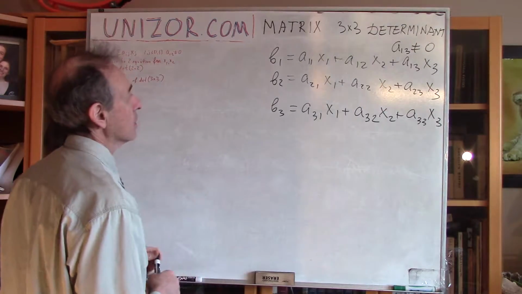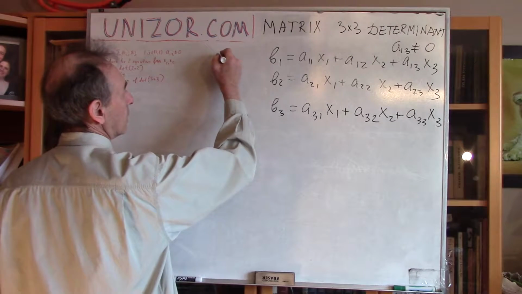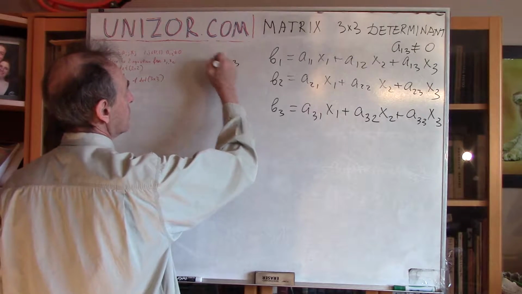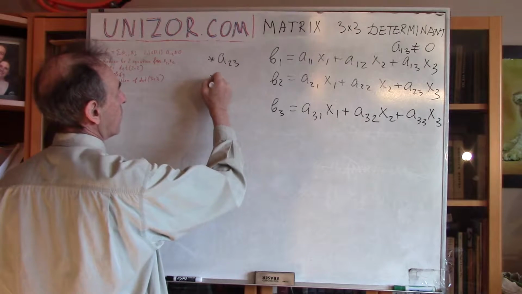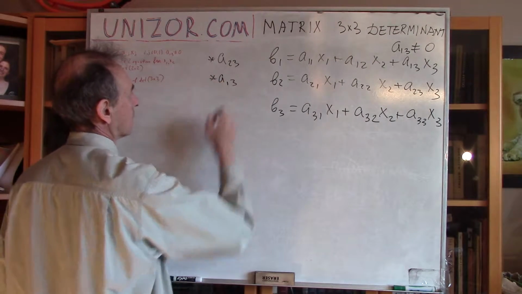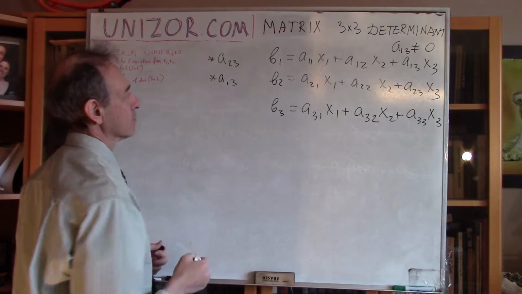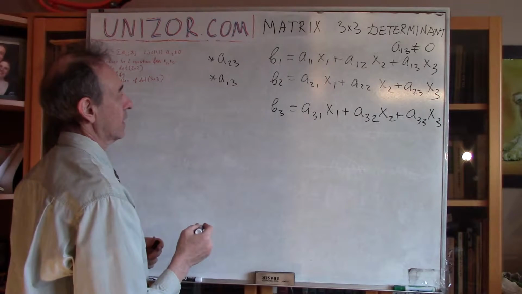All right, so first of all, let's multiply this one by a23 and this one by a13. All right, and subtract. From the first, I will subtract the second. So what will I have?